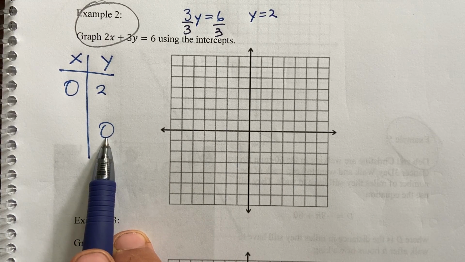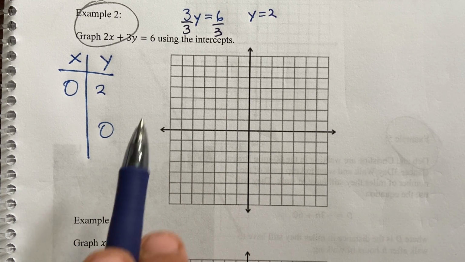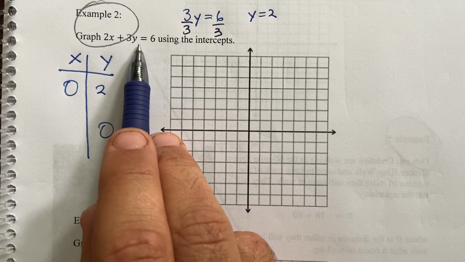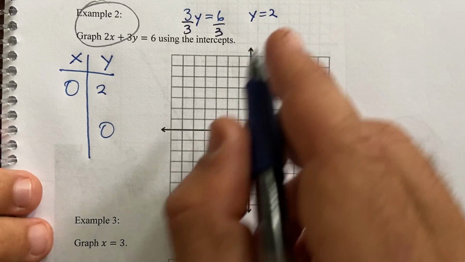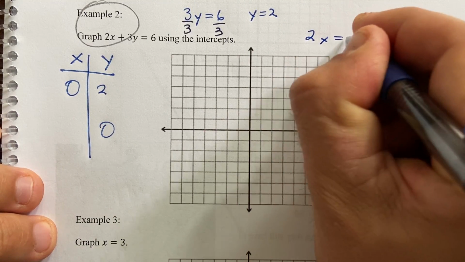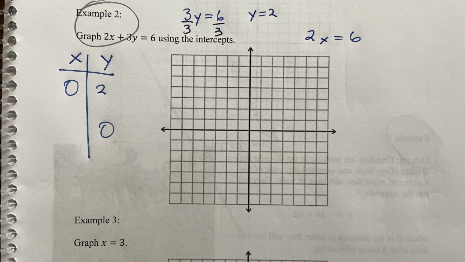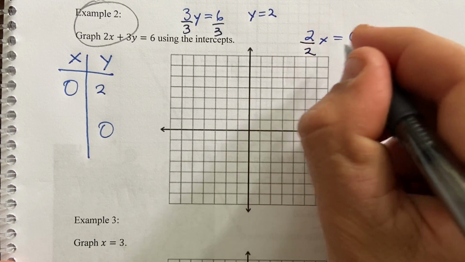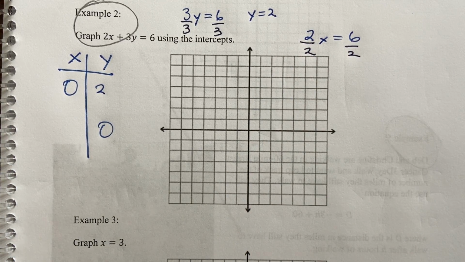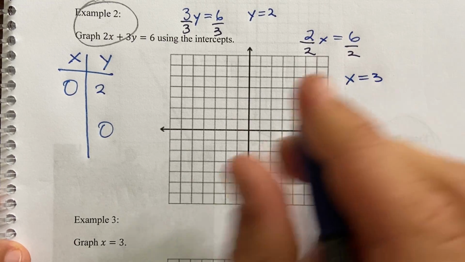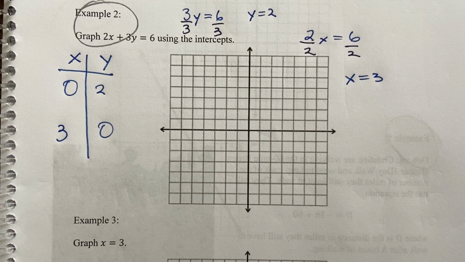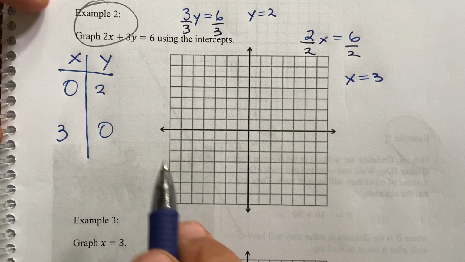If I do something different and let the y equal 0, then this whole term vanishes, and I just have 2x equals 6, divide by 2, and I get x equals 3. So these are 2 points that I can now plot, right?